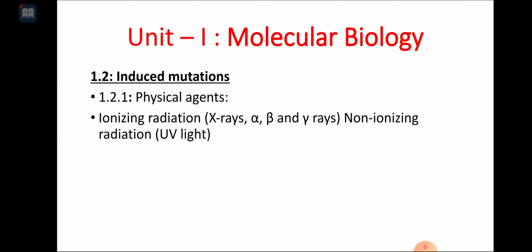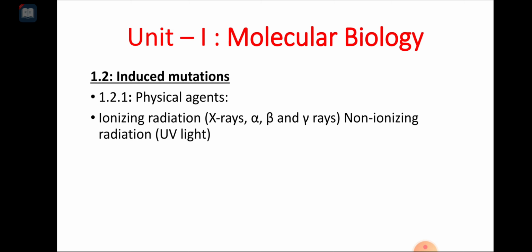There are a number of reagents or substances which can be used to induce mutation in a particular DNA. Here you can see physical agents which are used to induce mutations: X-rays, alpha rays, beta rays, gamma rays, UV radiations.